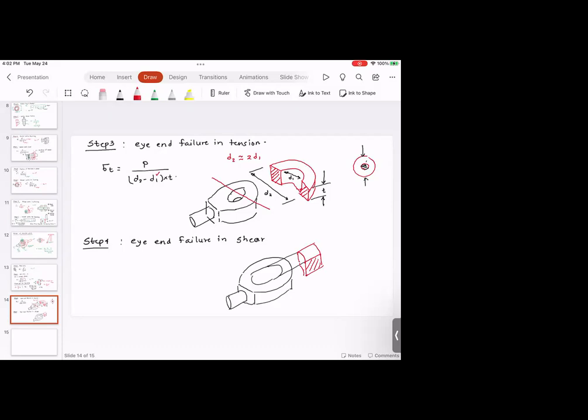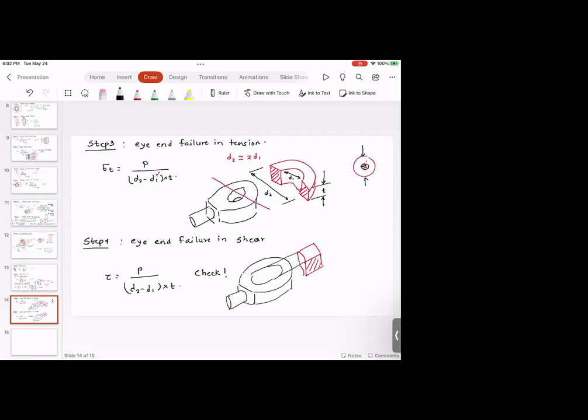So this whole thing comes out. So again tau is equal to P divided by (D2 minus D1) multiplied by t. So you have to check, because one thing that I want you to understand, the denominator in step 3 and the denominator in step 4 are the same.